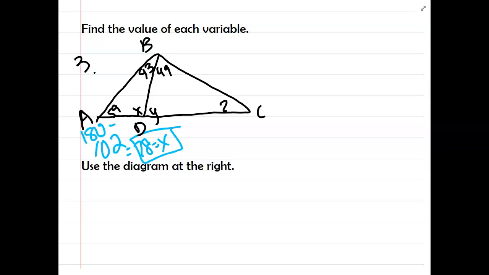Okay, so if we label this, if I know that that's 78, which one could I find next? Y. How are you going to find Y? Elijah?